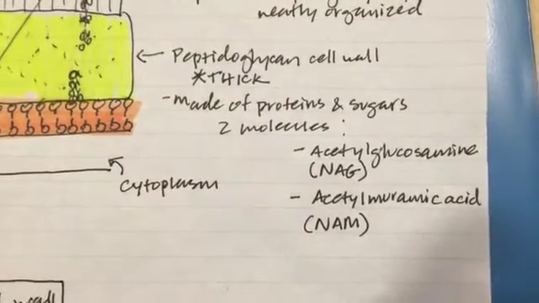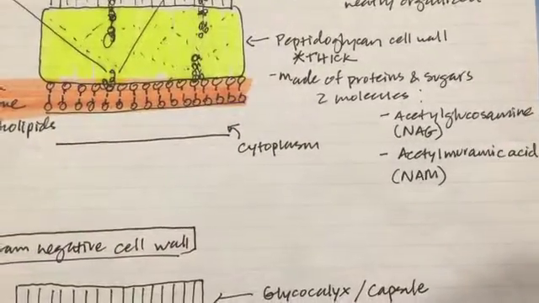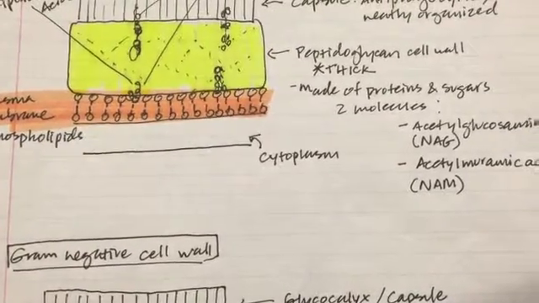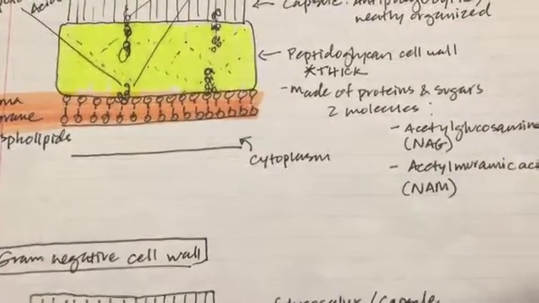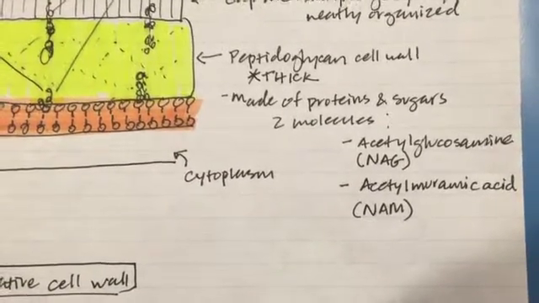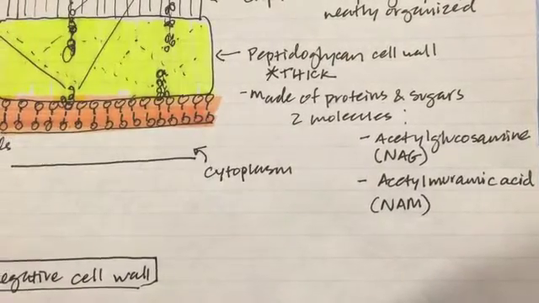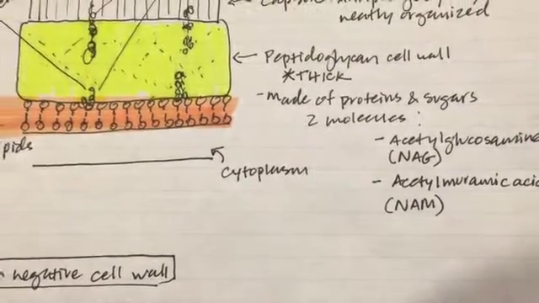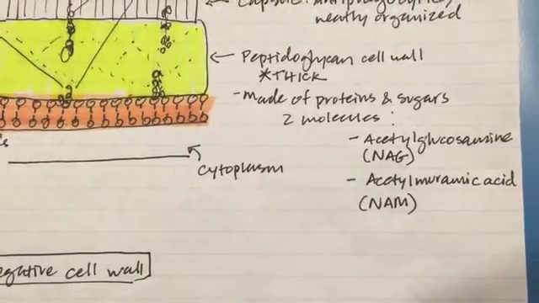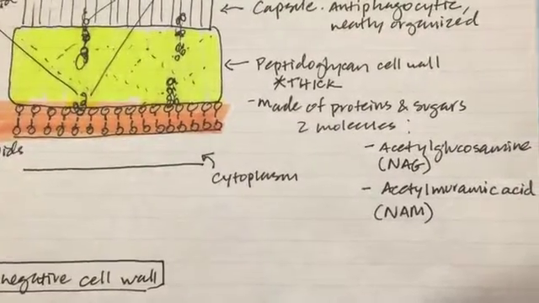So to combine the two molecules together, we would need the enzyme called transpeptidase. Trans means across, so basically these two molecules are cross-linked, and this forms a thick layer of peptidoglycan. Well, it actually forms the peptidoglycan in both gram-positive and gram-negative, but since it's cross-linked, it's strong.